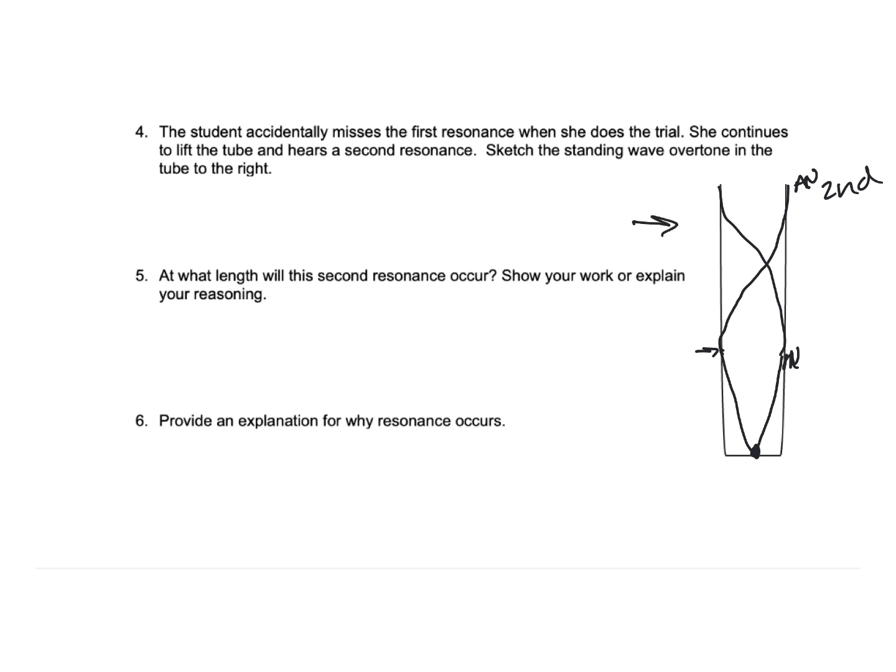Number 5 says, what length will that occur? Well, there's 3/4 of a wave here, because we can see there's a quarter here, here's a quarter, here's a quarter. So we have 3/4 of a wave. So this tube here is 3 times longer than the original one. My last tube, that first point we had, was 0.14 meters. So it's going to be 3 times longer than that.